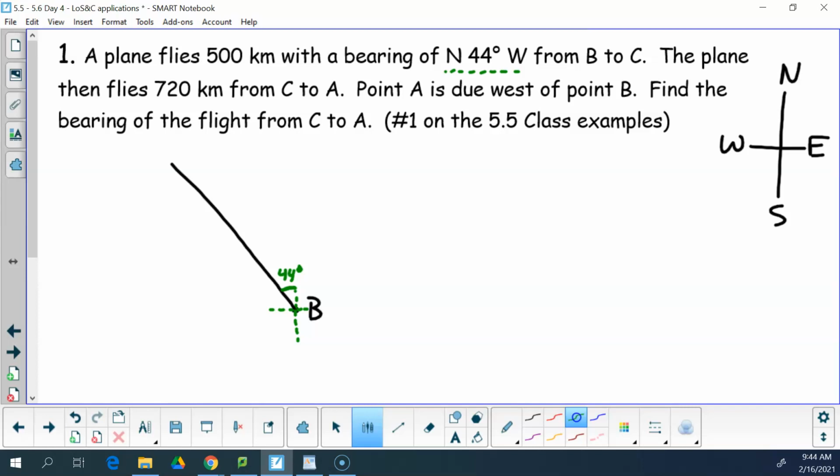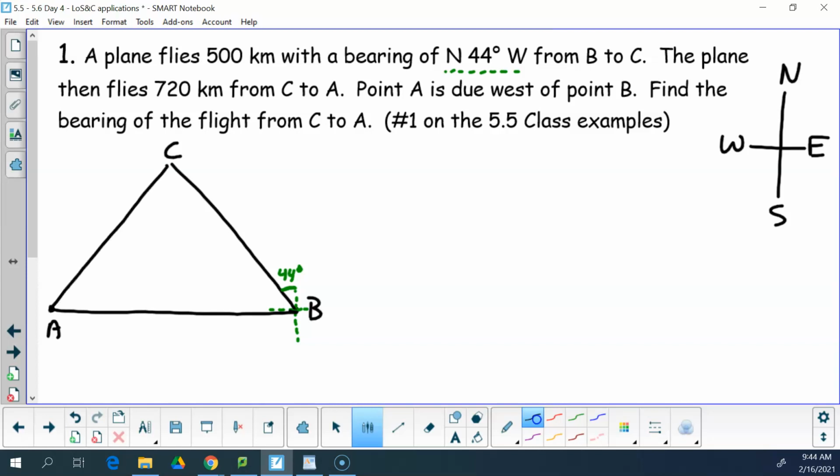That gets me to point C. Then it says the plane flies to point A, which is due west of point B. So that's a horizontal line then.